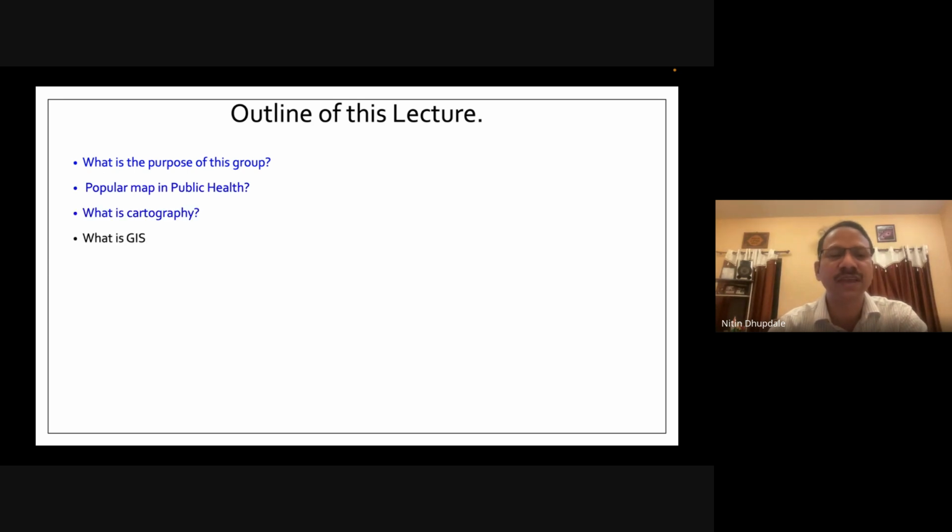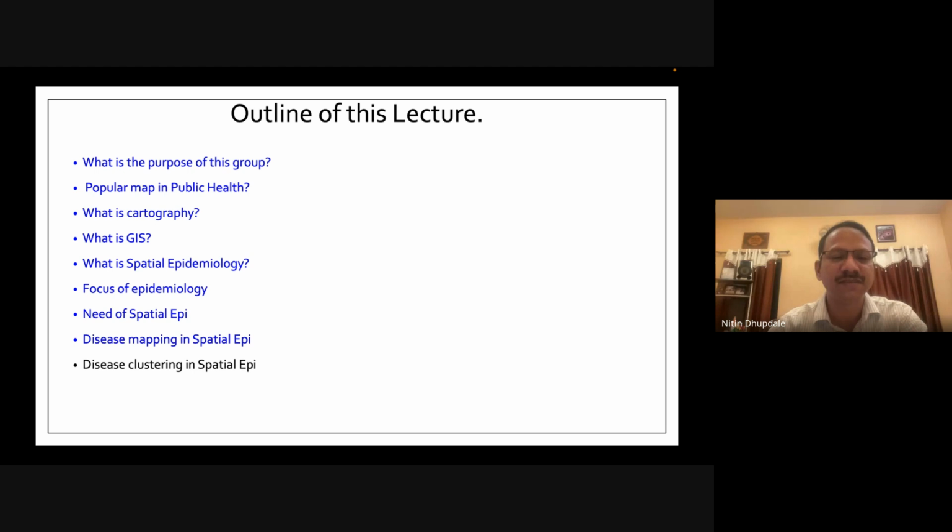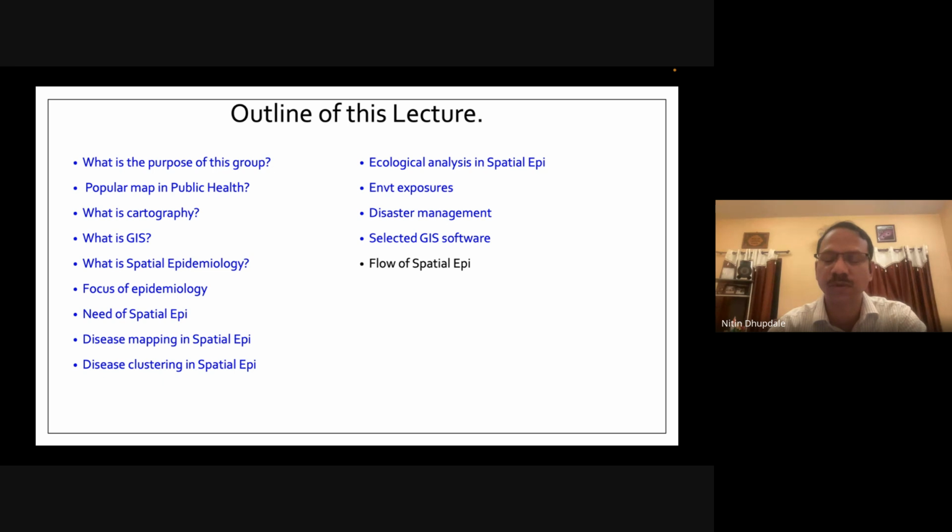Then we learn what cartography and GIS are, in brief, spatial epidemiology, its focus and need, disease mapping, disease clustering, ecological analysis, environmental exposures, disaster management, the various GIS software available, the flow of spatial epidemiology, types of spatial data used, the steps involved in spatial epi analysis, types of clustering, usefulness of GIS, and the sequence of conducting GIS in health-related events.